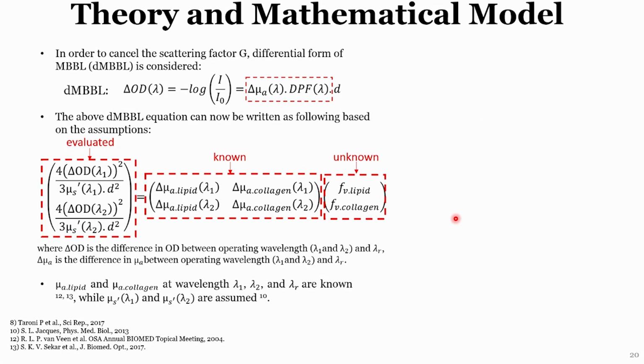So that is it for this session. In the next session we will learn more about this technique. We will see the actual images of diffuse optical imaging, see which part is normal, and how we can differentiate cancer.